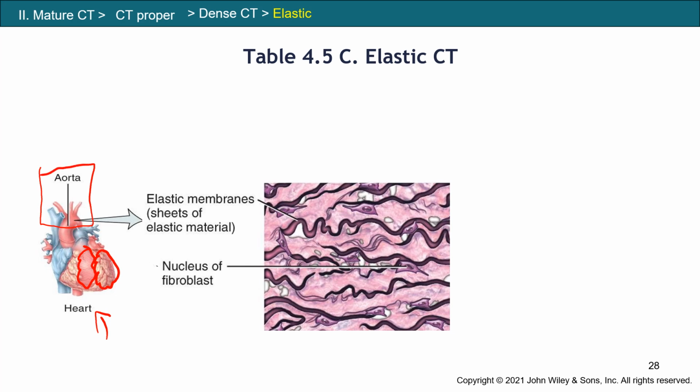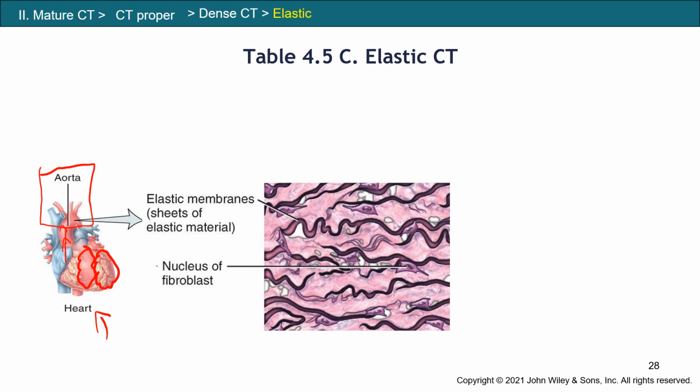And here in the walls of large arteries, remember, the heart is pumping a lot of blood and has a lot of power, so those arteries need to be very elastic and very stretchy, but at the same time resistant.